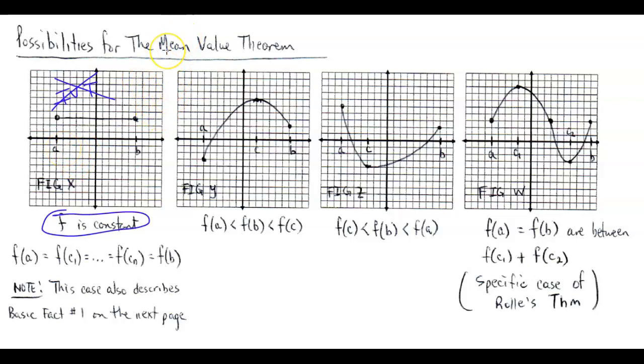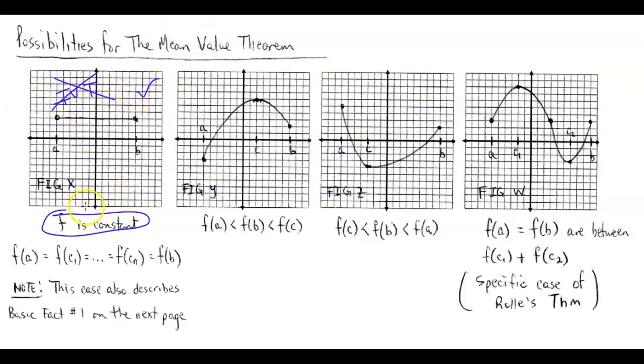But extending this idea, we throw away those two conditions of f of a and f of b not being equal, and forcing the corresponding y value for x equals c to be in between f of a and f of b. We throw that away and employ the conditions of the mean value theorem.